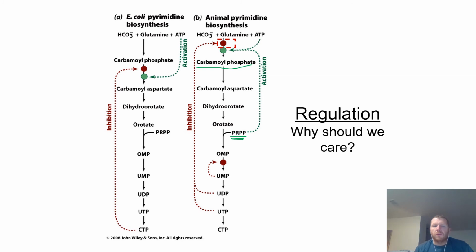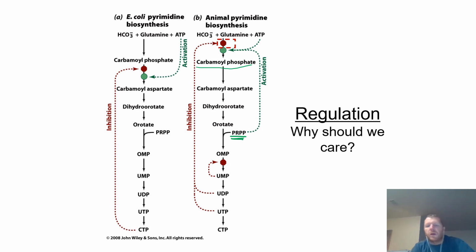So your final product in this triphosphate molecule, this pyrimidine triphosphate, CTP, is going to be inhibiting that step. So it's a feedback loop where only when you get to the end of all of this do we actually want to regulate it a little bit more, compared to animal pyrimidine biosynthesis.